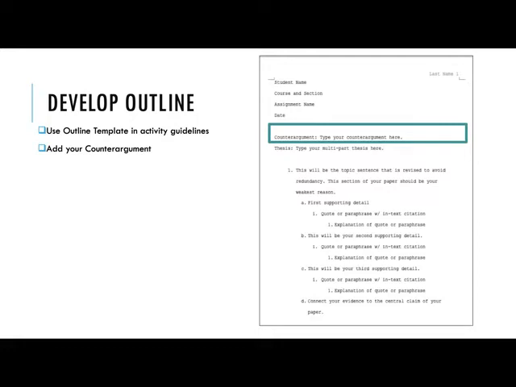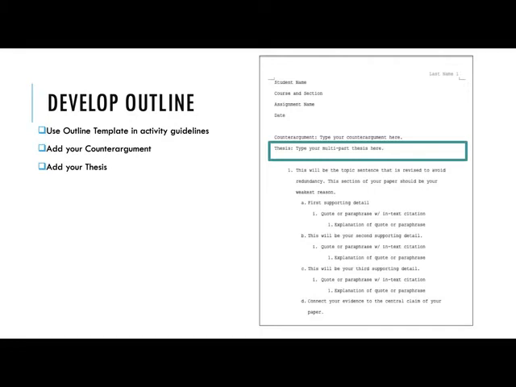After that counter-argument, you'll notice that I've given you the thesis. That's where you will put your complete thesis as approved by me earlier in the semester or as we've been working on throughout the semester.